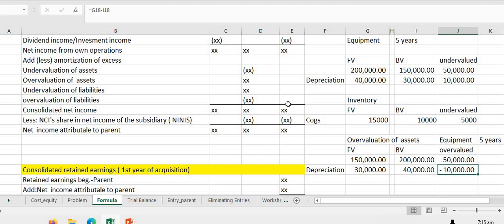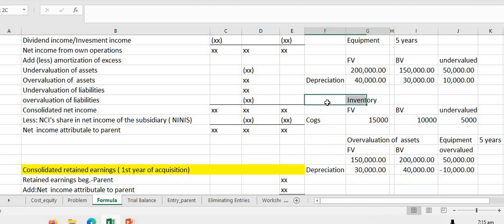So if our depreciation is overstated by 10,000, then the net income is understated. Kaya we need to add 10,000 in our net income. That's for 5 years over the remaining useful life of the equipment.